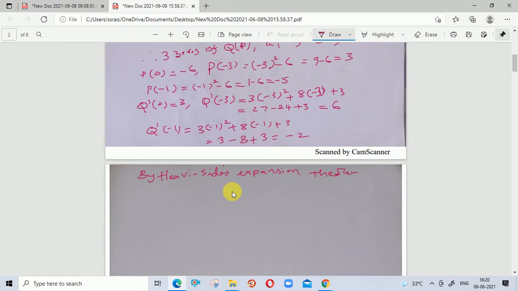L inverse of P of p divided by Q of p is equal to sigma from j is equal to 1 to 3, ఎందుకంటే 3 zeros ఉన్నాయి కాబట్టి Q of p కి, P of aj divided by Q dash of aj into e power aj t. Okay?